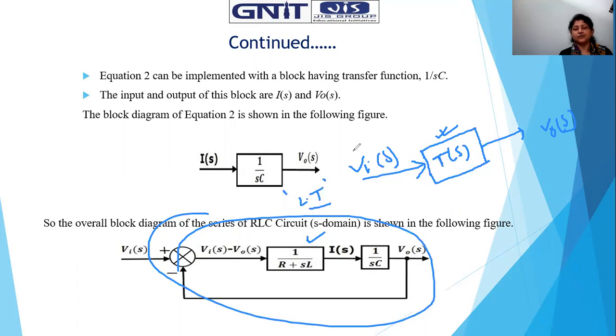And what we will get is VI(s), VO(s), and only T(s). So we may represent VO(s) as T(s) times VI(s), right? So in the S domain, we will get the complete output expression.